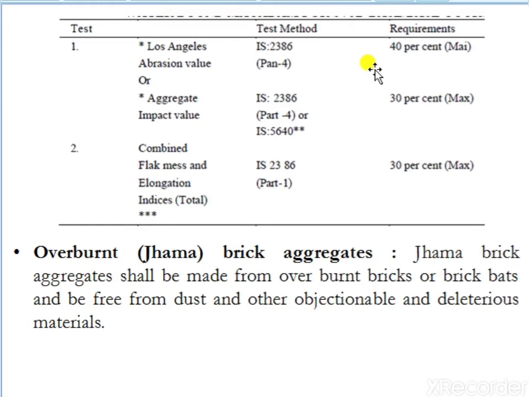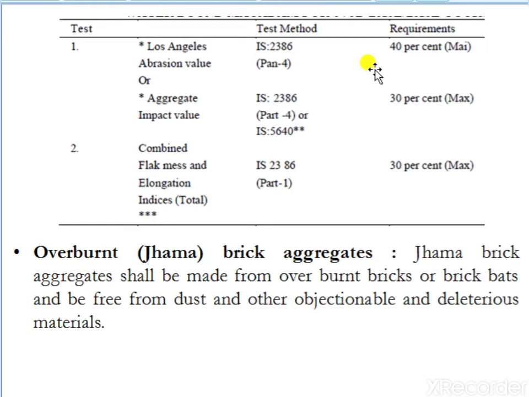So, combined flakiness and elongation index. As per IS 2386 Part 1, the flakiness and elongation index of the coarse aggregate used in the construction of WBM pavement should not be more than 30%, because when elongated or flaky aggregates are used, if the flakiness index and elongation index is more than 30%, then the voids will be more.